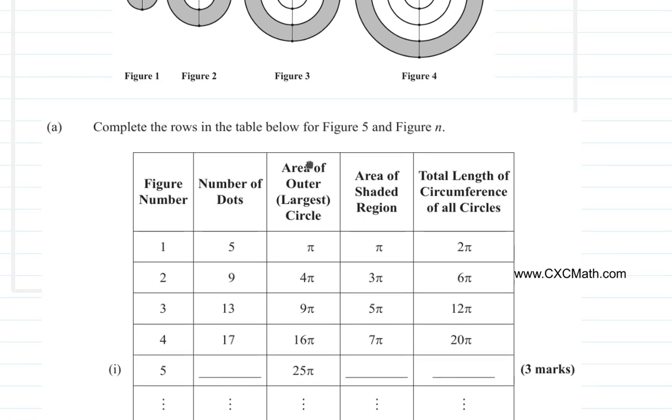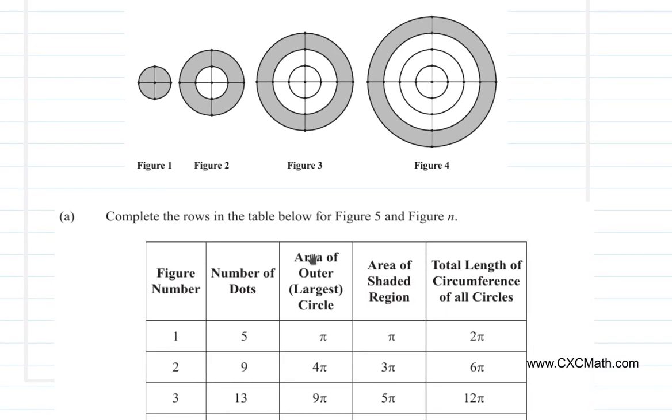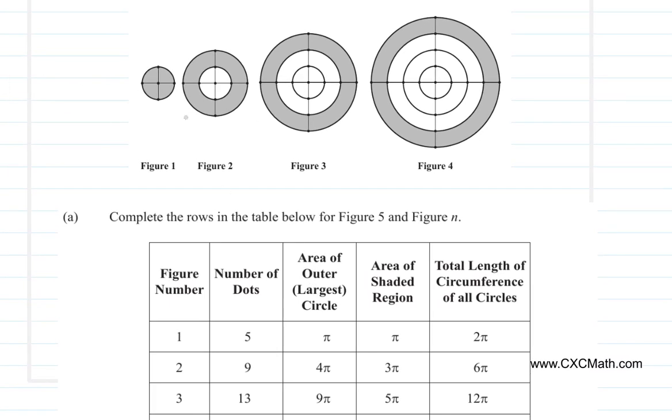The area of the outer or largest circle. The radius is 1 unit, so pi times 1 squared, pi r squared, is just pi. So that's how they get this pi here. The area of the shaded region is just pi.